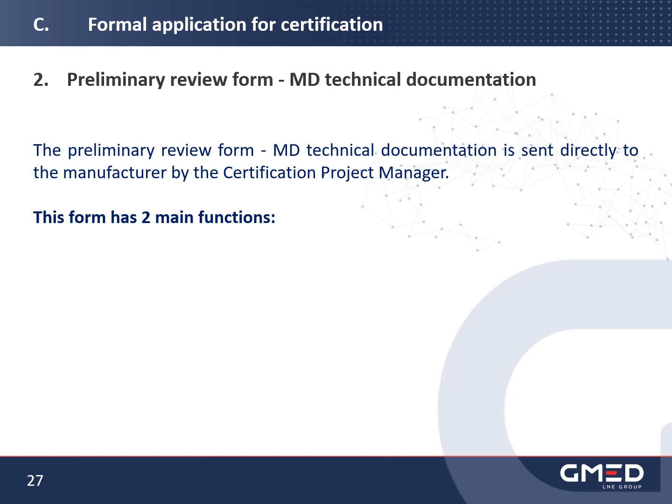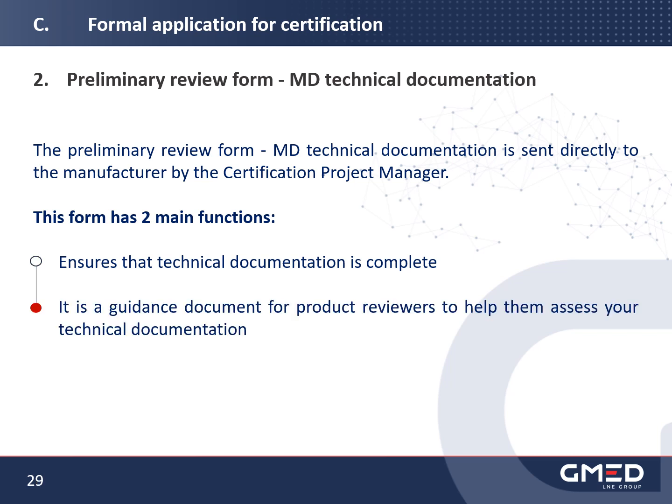The preliminary technical documentation review form has two main functions. Firstly, it ensures that the technical documentation is complete for the manufacturer before it is sent, and for GMED when checking that the application is complete. This form is also a guidance document for product reviewers who will be responsible for evaluating the device's technical documentation.